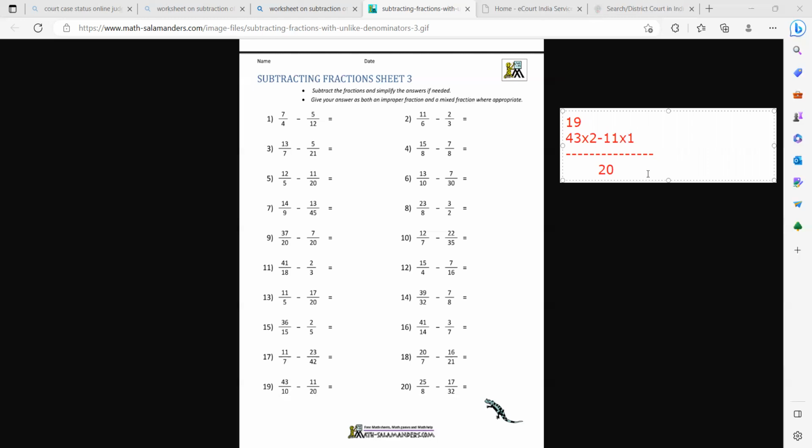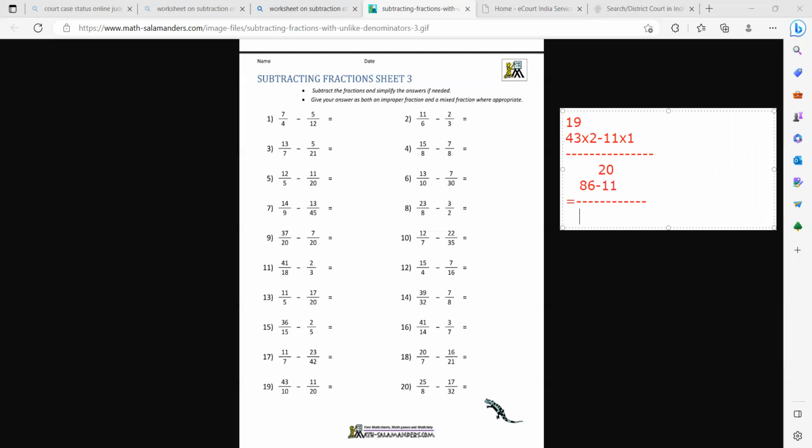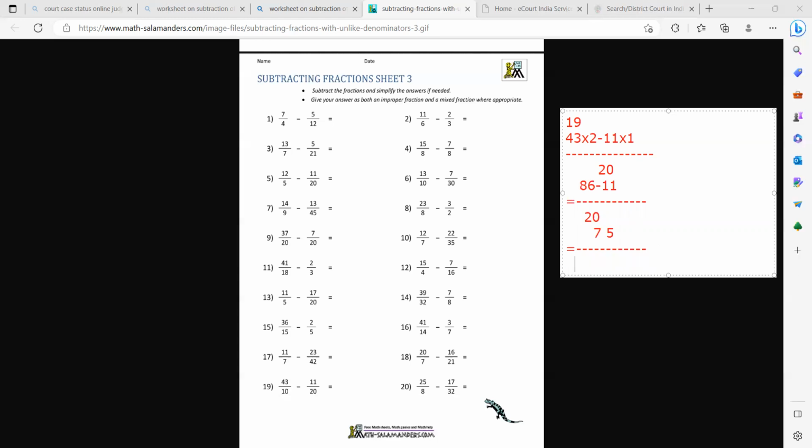We can do it in the same way. 43 into 2 is 86. 86 minus 11 into 1 is 11 divided by 20. So 86 minus 11 is 75. We have 75 by 20.